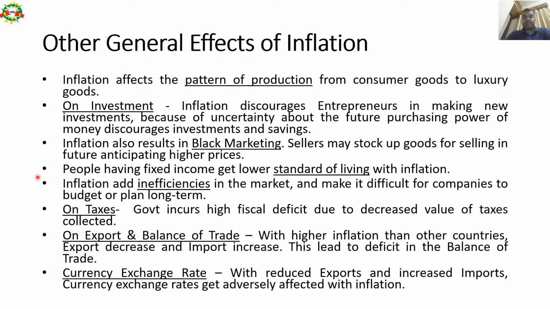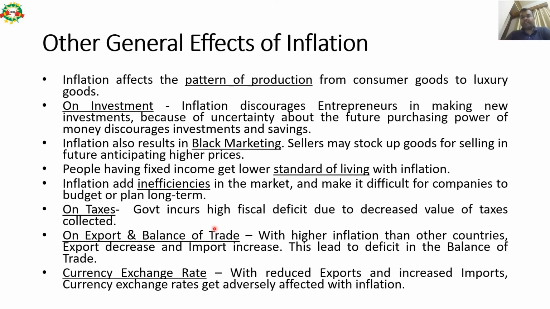Inflation also results in black marketing because sellers may stock up goods for selling in future, anticipating higher prices to milk out more money. Then people having fixed income get a lower standard of living with inflation. So a retired person having annuity income, or persons who are dependent on fixed interest income on FDs, their interest will remain constant, inflation will rise, then they will get less purchasing power and their standard of living will come down.